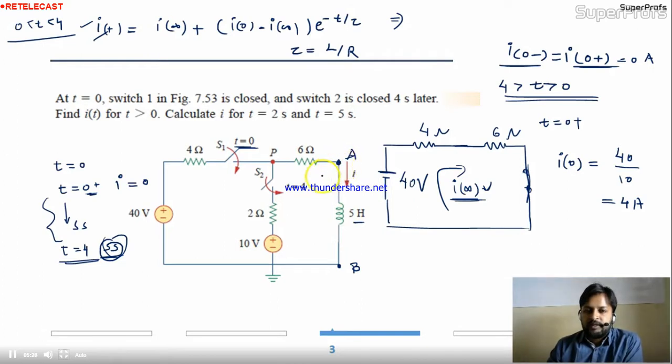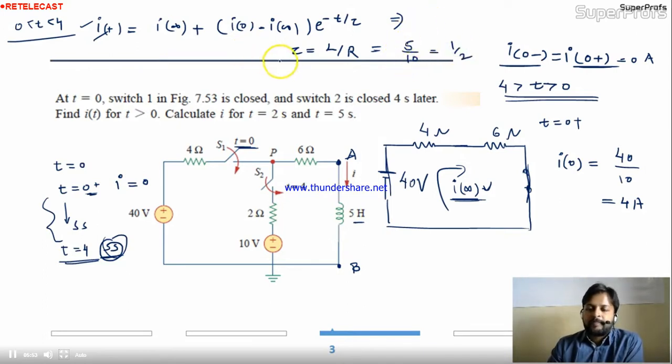So how much resistance are we seeing from A and B? 6 and 4. They are connected in series, so this is 10. It will be short circuited because we are calculating the R equivalent. So R is nothing but 10 ohm. What is your L? This is 5 Henry divided by 10. This is 1 by 2.